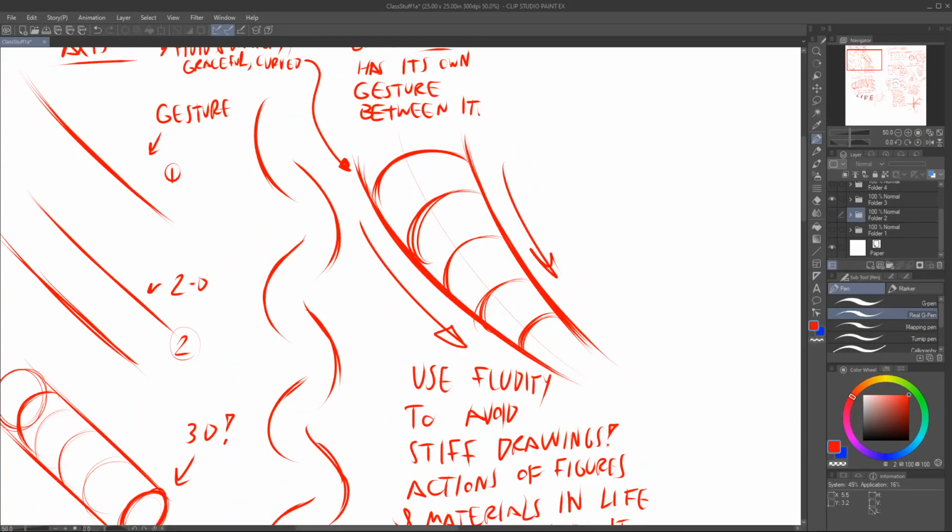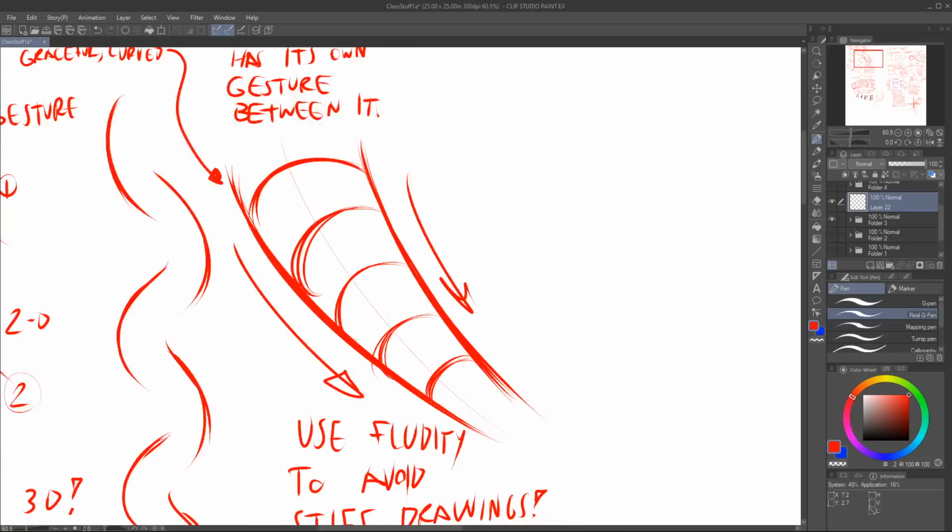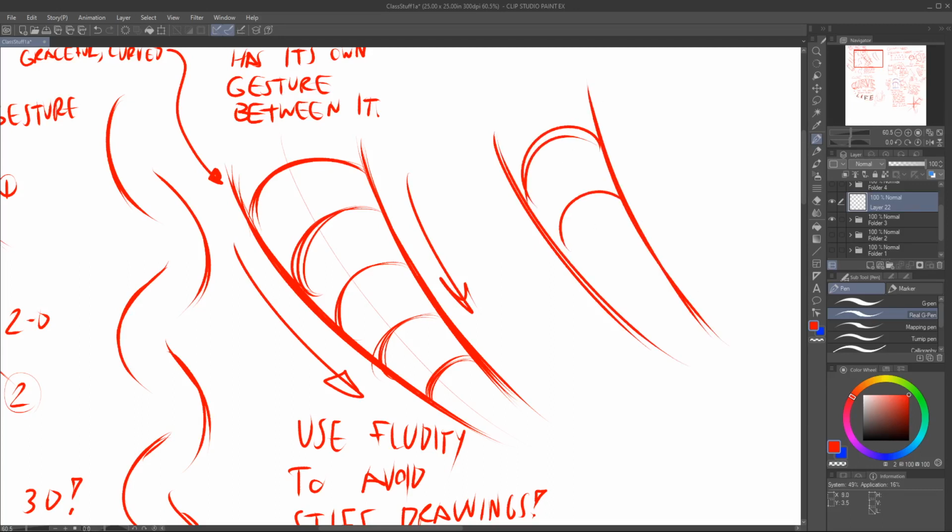So this is an example of a little bit more flowy gesture, like use fluidity to avoid stiff drawings, basically. You're not just drawing a boring cylinder.